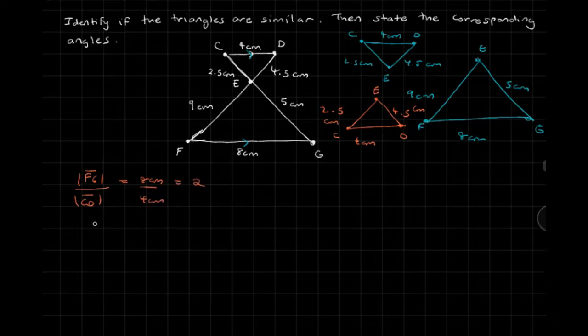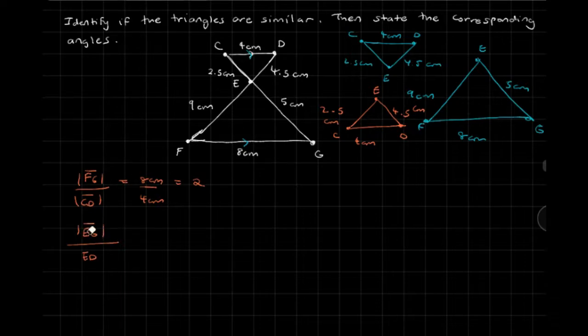Okay, let's compare then EG to ED. EG to ED. Let me just see if I redrew that properly. E, C, and D. CE, okay. So it seems like the triangles are reflected.